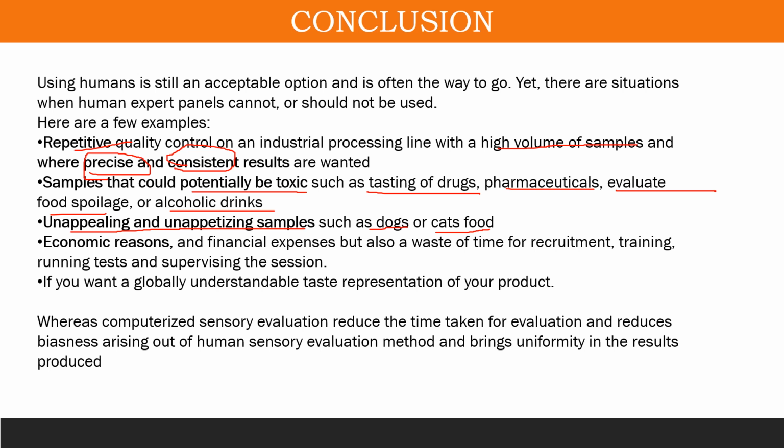And if we want a globally understandable best representation of our product, we need to bring uniformity to our sensory evaluation. Computerized sensory evaluation reduces the time for evaluation, reduces bias arising out of human sensory evaluation methods, and brings uniformity in the results produced.